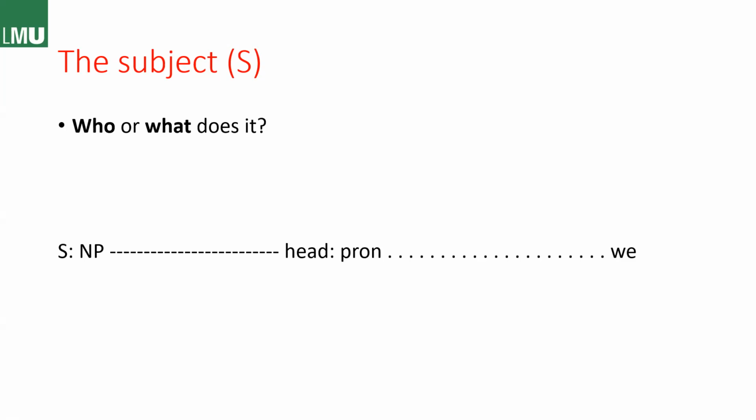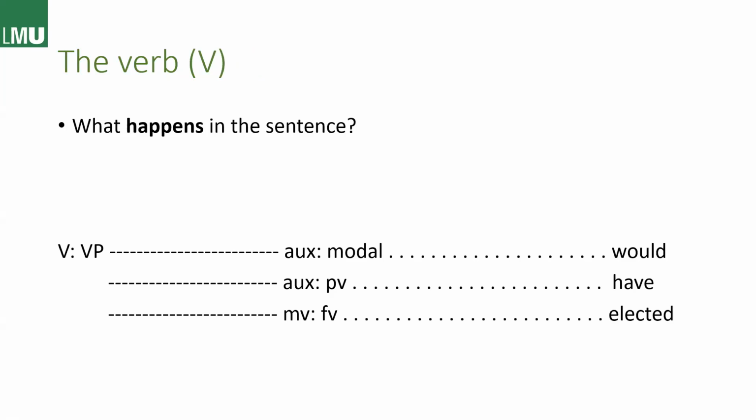So far, so simple. Now let's get to the verb. The verb is also something that is very common, that is actually easy to understand, and it just says what happens in the sentence. So we've got the V, which signifies the verb, and the function verb. Then we've got the form verb phrase, VP.